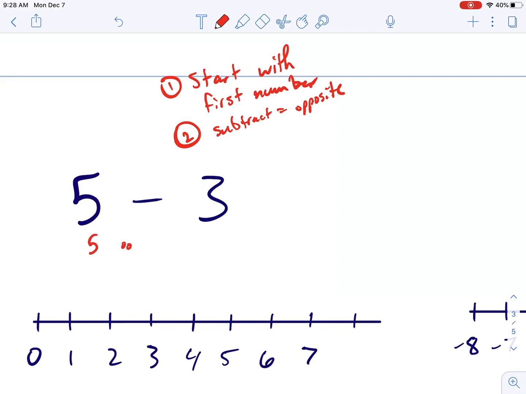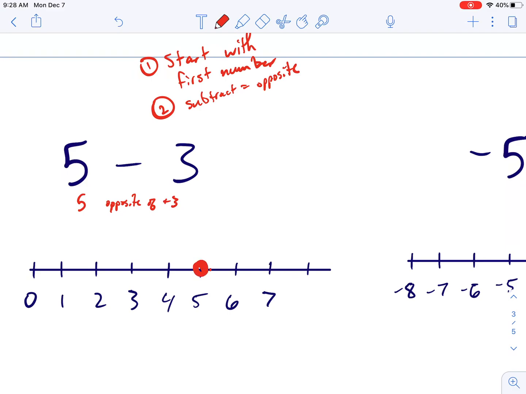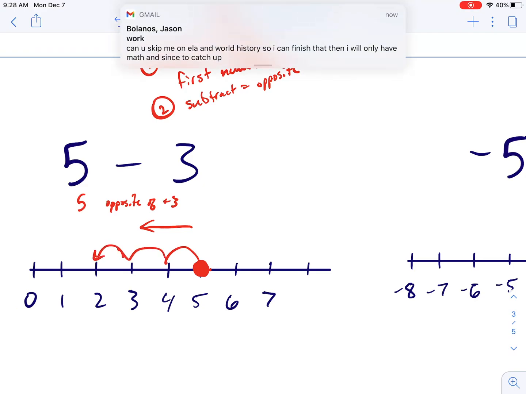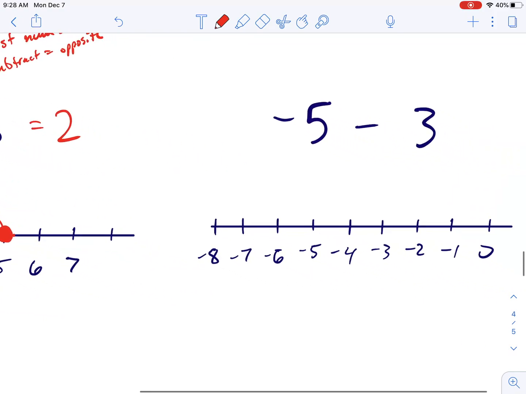So if this is 5 minus positive 3, you're going to move in the opposite direction. So we start off at 5, and this number is positive 3. And we're going the opposite of that. So we're going to go to the left, 1, 2, 3. So subtraction is getting smaller, right? So we're going to the left by 3. So we end up at 2. So you know that 5 minus 3 equals 2.